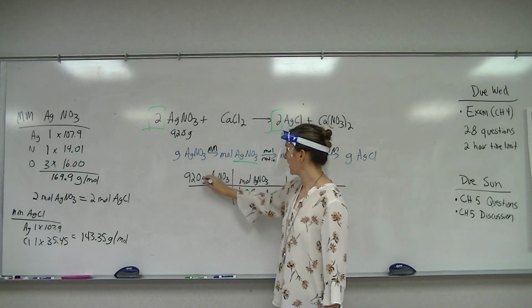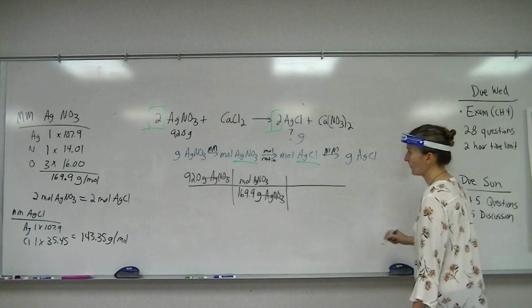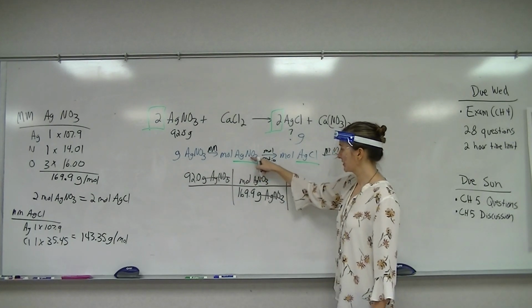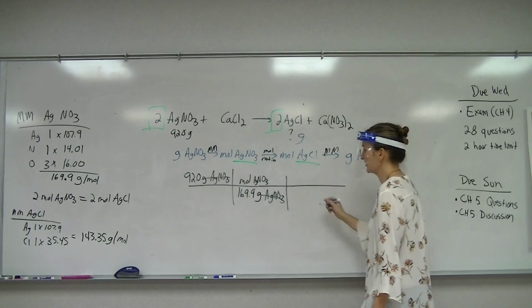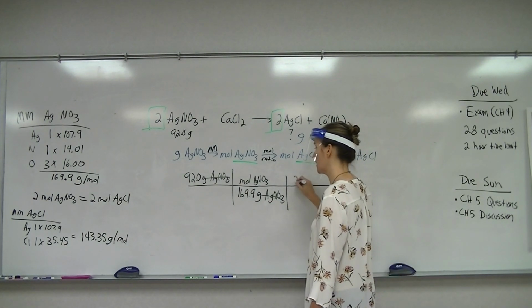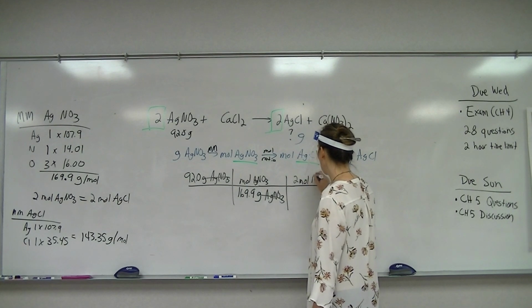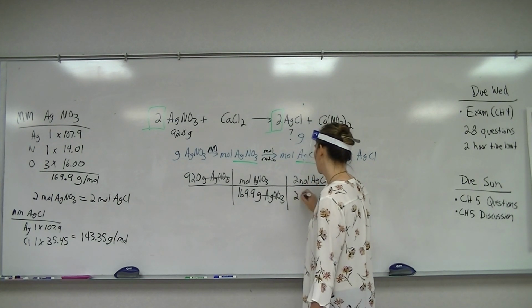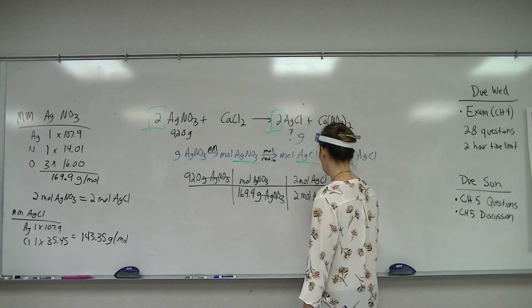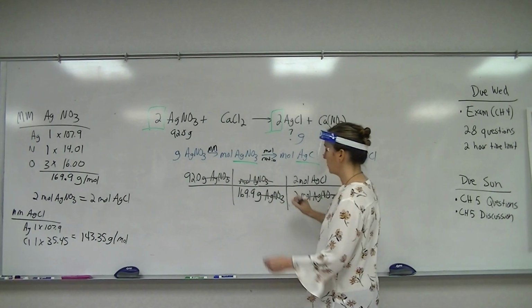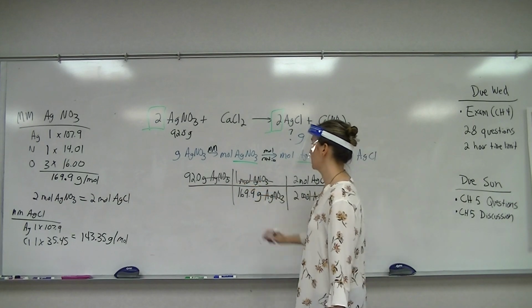So my grams are canceling. Now I'm here, moles of silver nitrate. Now I'm going to use my mole ratio, and it's a 2 to 2, so I could essentially skip this step because it's not changing any numbers. So I have 2 moles of silver chloride, 2 moles of silver nitrate, so that I can cancel out my moles of silver nitrate.